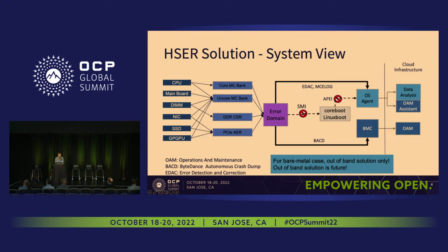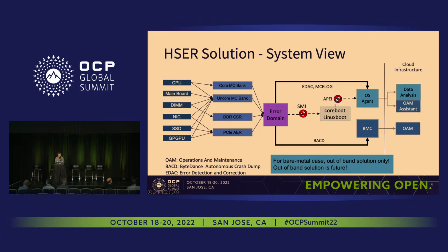BIOS or UEFI will be responsible for error domain configuration only in our design instead of error handling, which will offload a lot from firmware and simplify the implementation, as well as upgrading. As you can see here, we use coreboot and Linux boot to replace BIOS or UEFI in the previous diagram. This is our Bytedance cloud firmware project. You are more than welcome to check the status of this project as well.